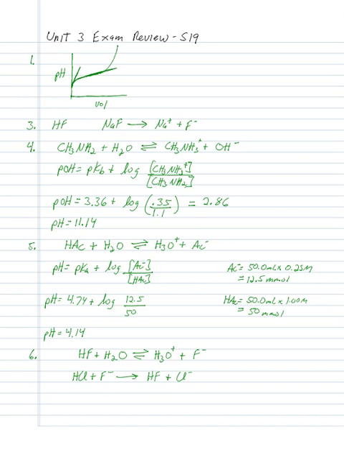So if we look at what's happening here, what happens to the amount of F minus as it reacts with HCl? It's going to go down. And then what happens to HF? HF's going to go up because it's now being made. And so the correct answer there is E. Concentration of fluoride ion will decrease because it's reacting with the HCl, and concentration of HF will increase because it's being made by that reaction.